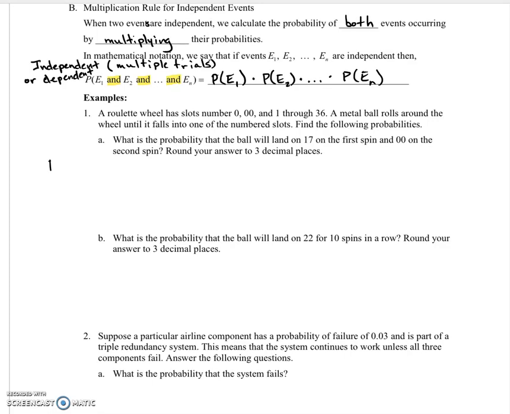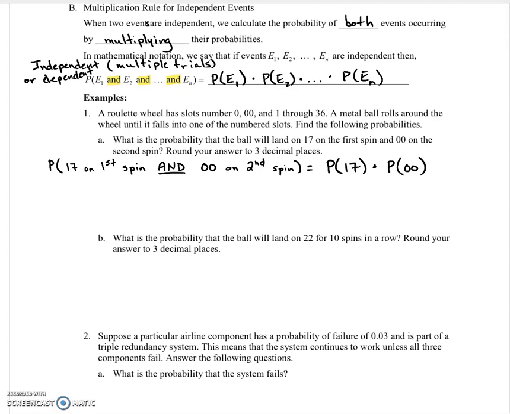So we need the probability of 17 on the first spin and 00 on the second spin. Remember, that's going to be the probability that we get a 17 on the first spin times the probability we get 00 on the second spin.